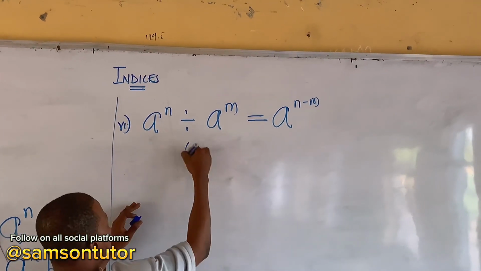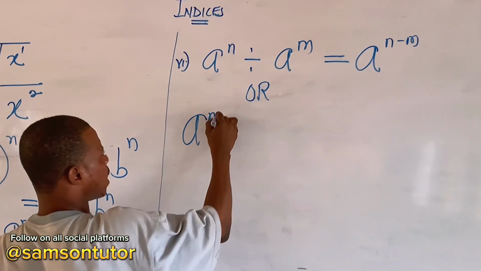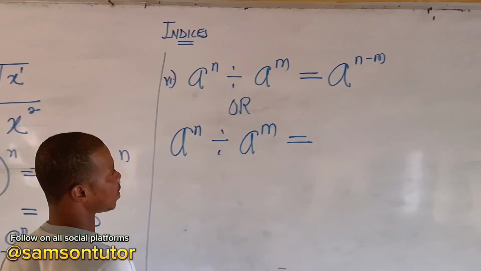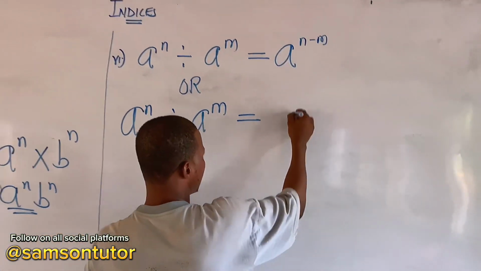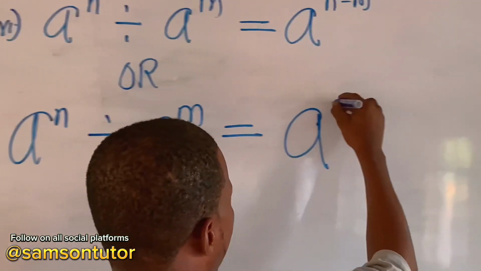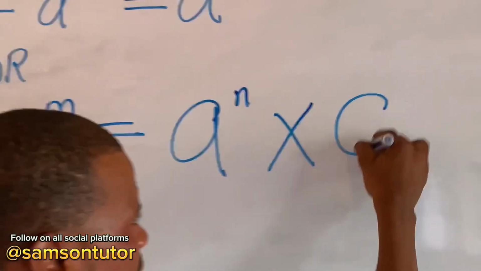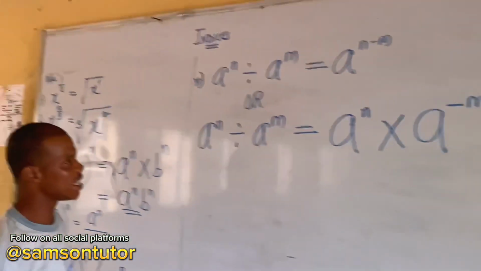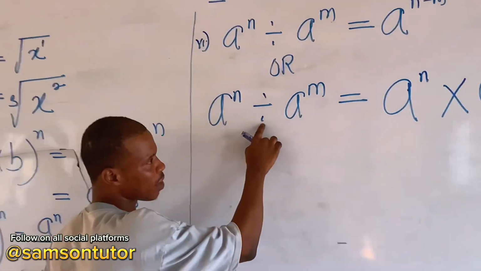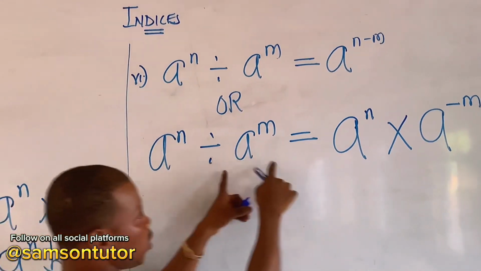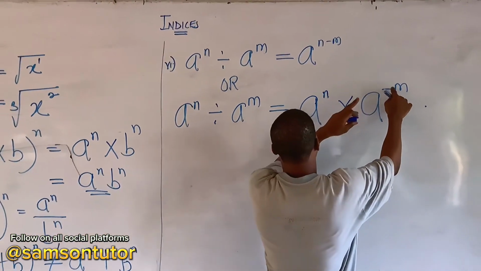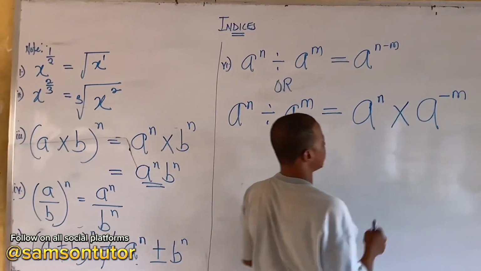Now, this can also be written like this: a raised to power n times a raised to power minus m. If you want to change this division to multiplication, the power here will now be minus m.